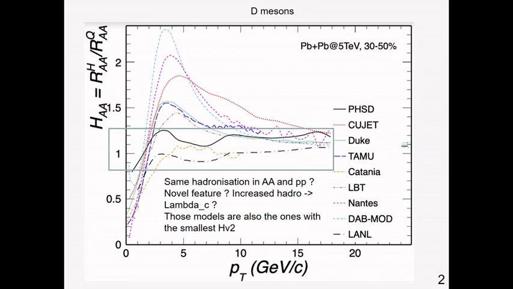Catania has a larger proportion of Lambda C yield, so the D meson is much more depleted compared to TAMU. Yes, we have a larger Lambda C to D. I saw that on Salvo's figure: your low PT Lambda C over D ratio goes to about 0.8, so you have a 30% larger ratio in AA than we do, because our low PT goes to 0.5.